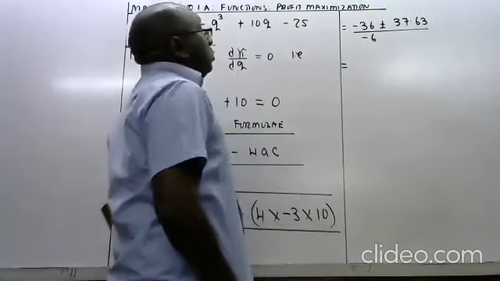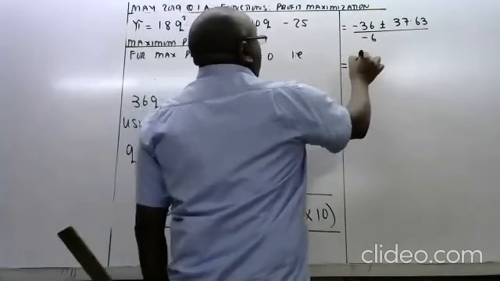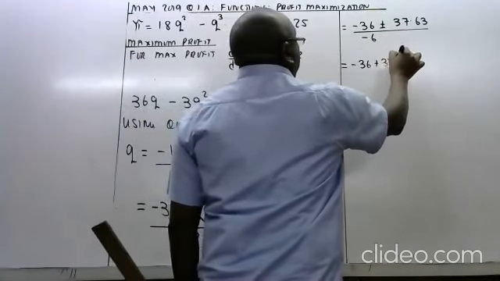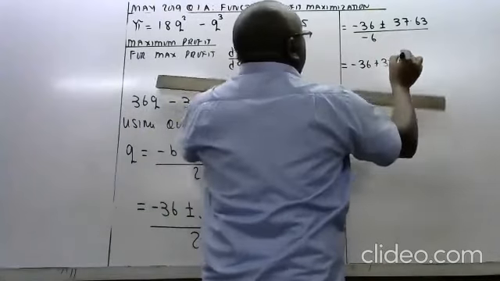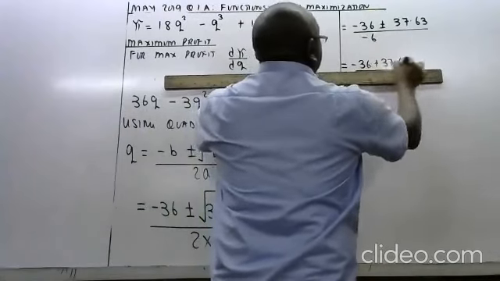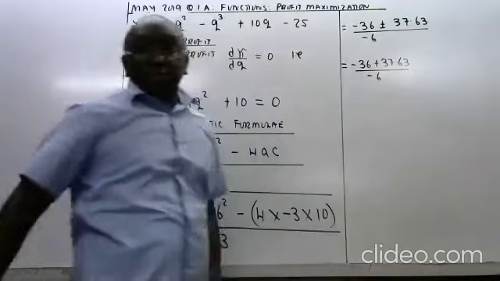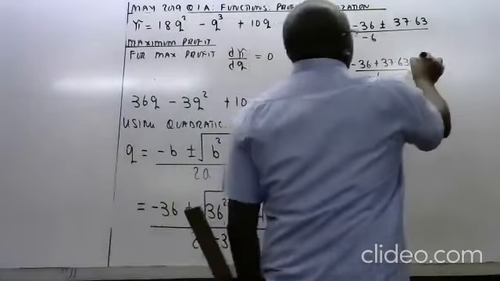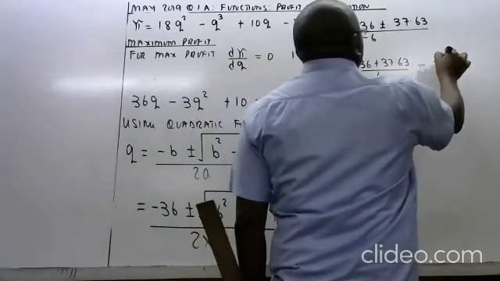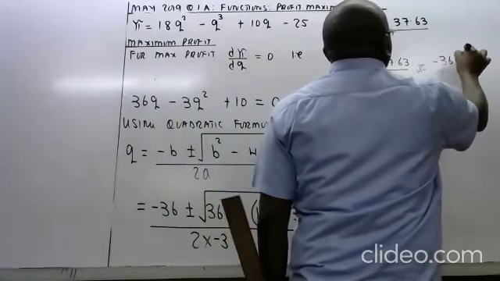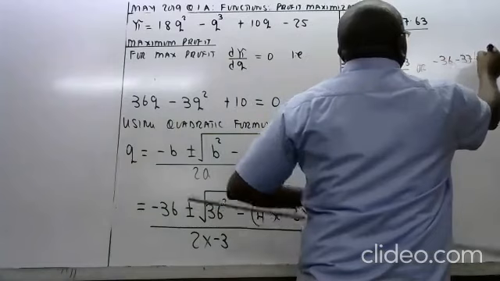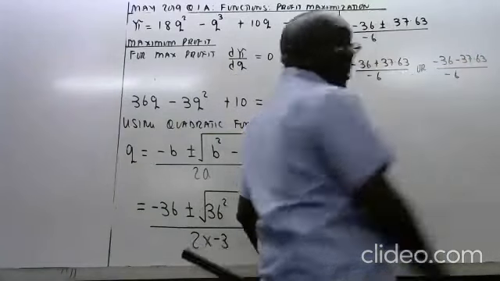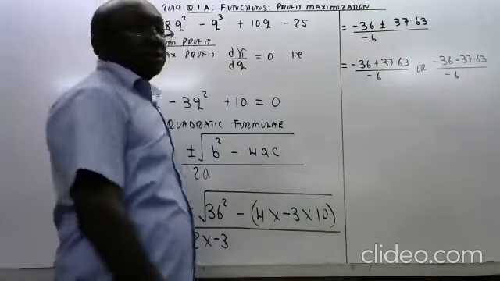And it proceeds to become minus 36 plus 37.63, you divide by minus 6, or minus 36 minus 37.63, you divide by minus 6.